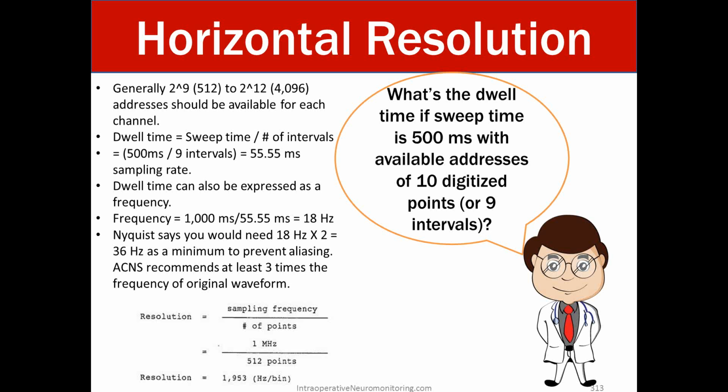So that's just kind of working through this question, which I probably should have read first, which says, what's the dwell time if the sweep time is 500 milliseconds with available addresses of 10 digitized points or 9 intervals?